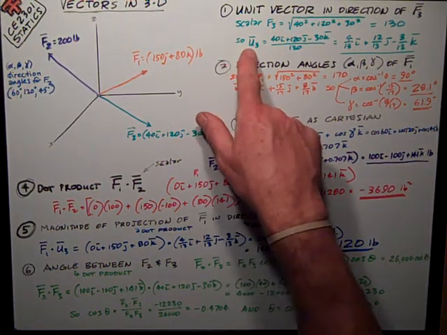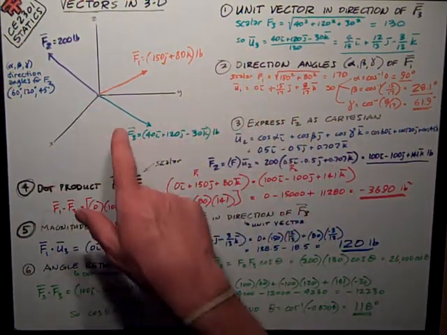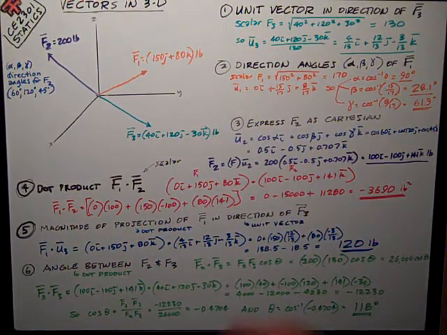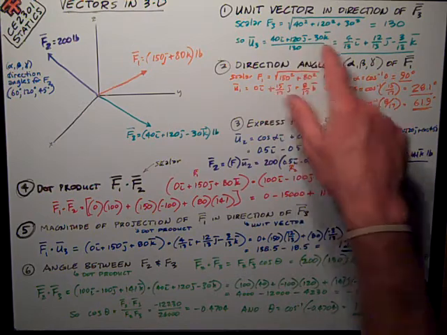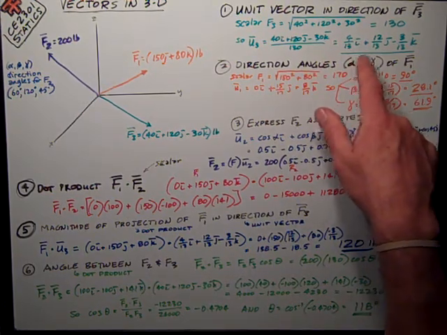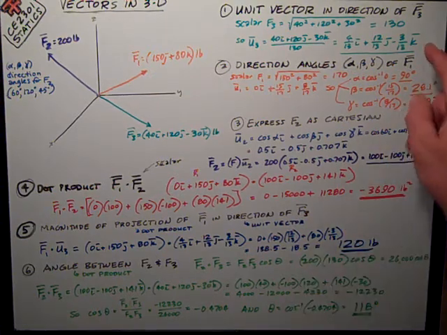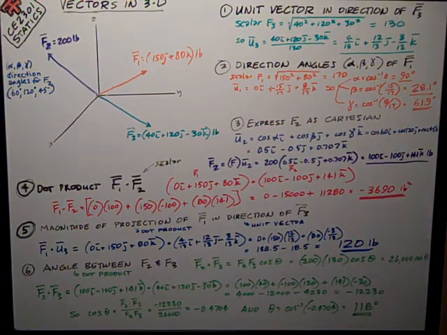So U3, the unit vector in that direction, is equal to 40I plus 120J minus 30K over 130. I just do the math and I get 4/13 I, 12/13 J, and negative 3/13 K. That's the answer to problem number 1.